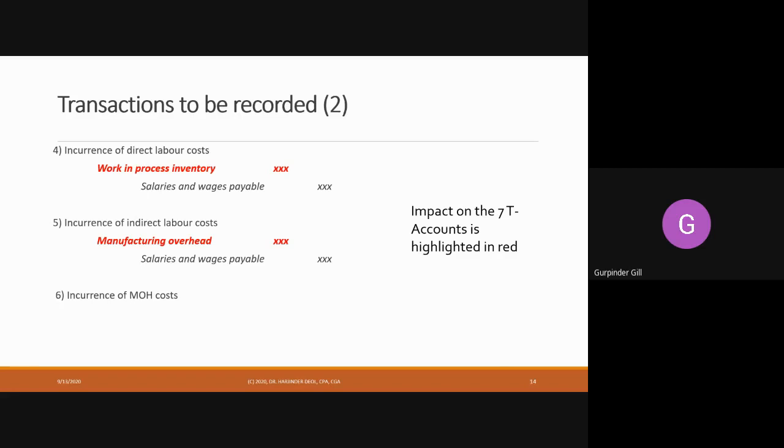So when the actual cost is incurred, we would debit our manufacturing overhead cost, which is actual cost, and we will credit various accounts such as your taxes payable or your utilities payable or your accounts payable. It could be different types of liability accounts that we are crediting, but the debit goes towards your manufacturing overhead account, which is actual.